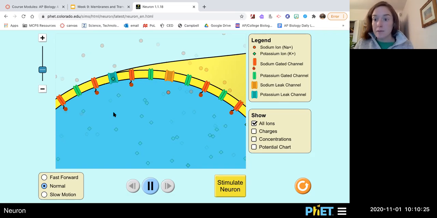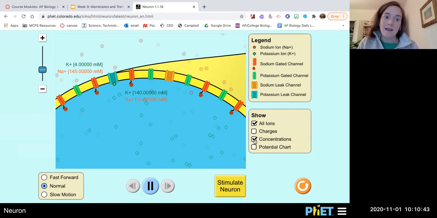So you would probably predict then that potassium is going to move out of the cell and sodium is going to move into the cell until they reach equal concentrations. And so another thing you can do is click to see the concentrations in millimoles. And hopefully they change a bit as these chemicals diffuse in and out of the cell.